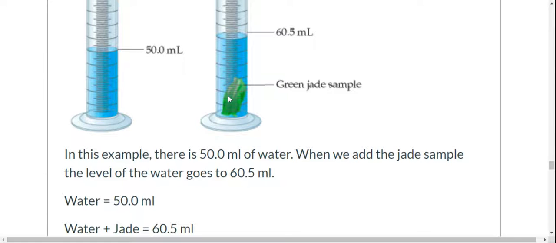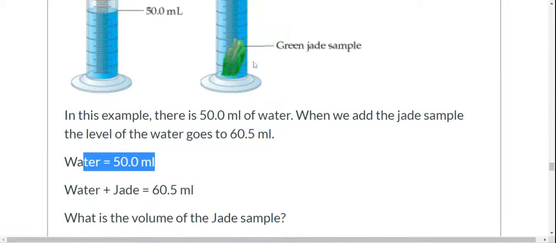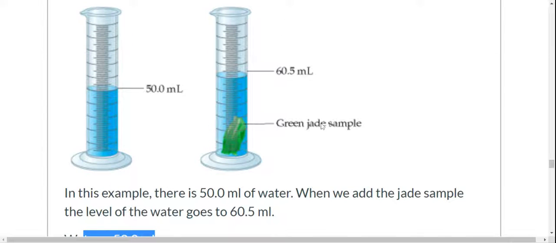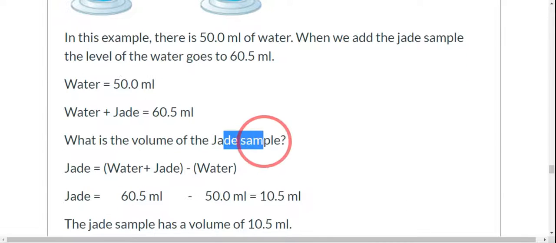Now the amount of water didn't change, so we still have 50 milliliters of water. So we have 50 milliliters of water, and then the water plus the jade sample is 60.5. But we want just the jade sample. So if we set this up, jade is going to equal the water plus the jade minus the water. The water plus the jade is 60.5.